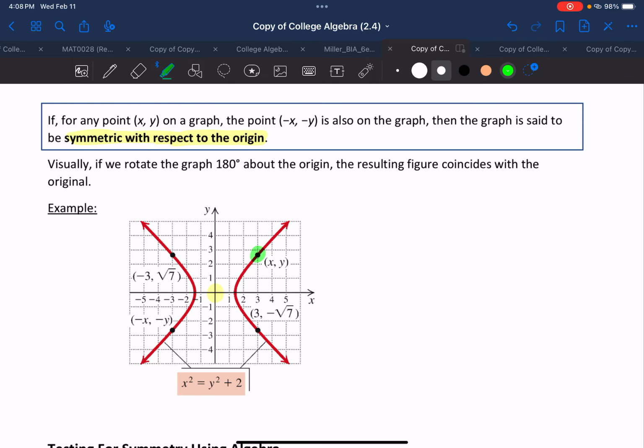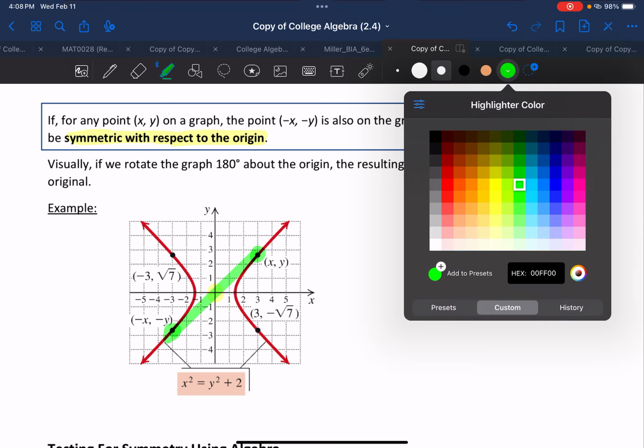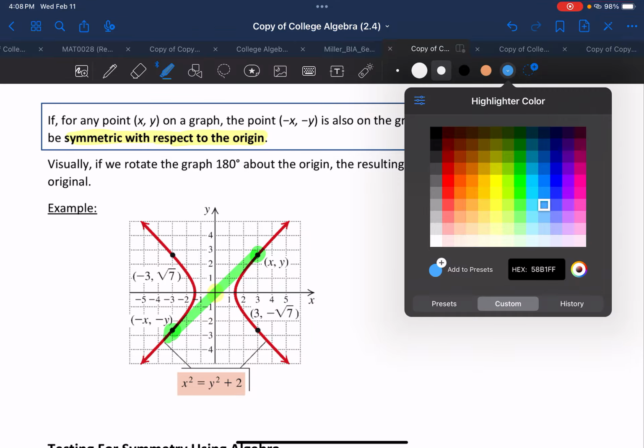So you can kind of think of, I'm just going to use this point here as an example. If I look at this point and I think about reflecting it over the origin, well, of course, I have to go towards the origin, and then you see that it does line up with this point over here. But that changes depending on where you are on the graph and what point you're looking at.